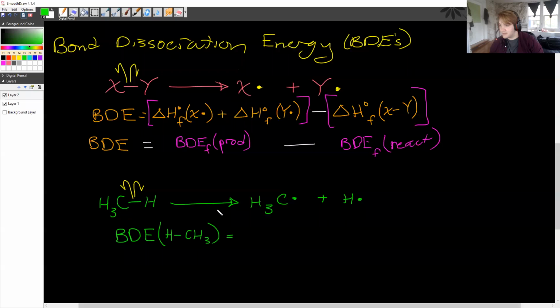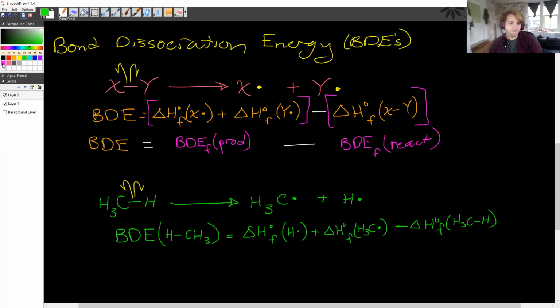What we're talking about here is the bond energy associated with the formation of the hydrogen radical, plus the energy associated with the formation of the methyl radical, minus the bond energy associated with the formation of just the regular methyl group.